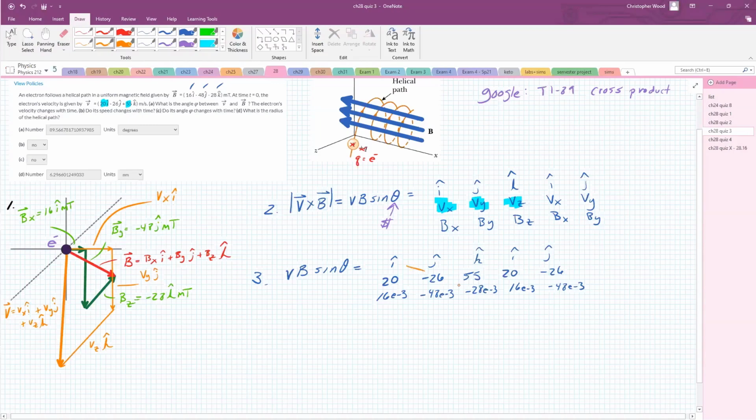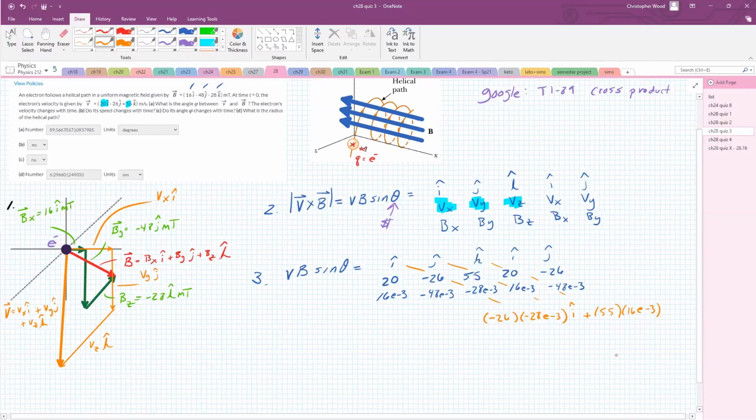All right, so here's this times this times this, this times this times this. You know what I get when I do the cross operation? I'm going to get negative 26 times negative 28 e minus 3 i hat. And then I'm going to get my j hat. I'm going to stack things vertically, I guess. Plus 55 times 16 e minus 3.